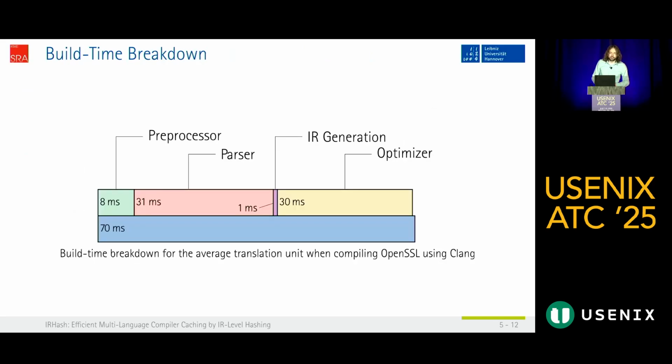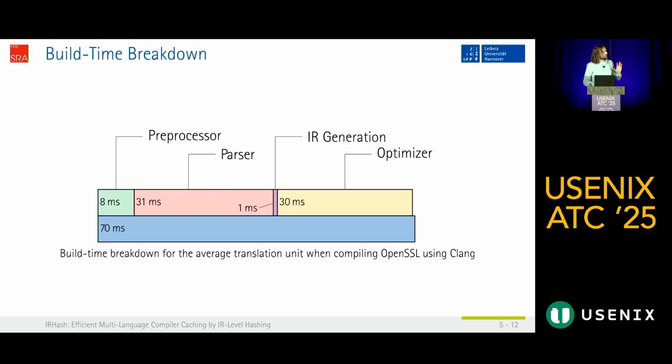To do this, let's look at the build time breakdown for the average translation unit when compiling OpenSSL using Clang. What you can see is that in total, the average compilation unit takes 70 milliseconds to compile, and most of the time is spent in 5 different phases.